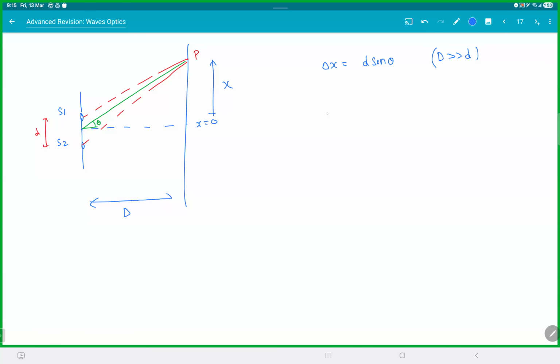This is your first assumption. So you need to know the assumptions, because if they mess up something with the assumptions, you're gone. Just to be more clear, delta x is nothing but S2p minus S1p, which is d sine theta. Because if something changes in the problem, this is where you'll always come back to. The second assumption, if x is much, much less than D, that means you're looking at the points very close to the center.